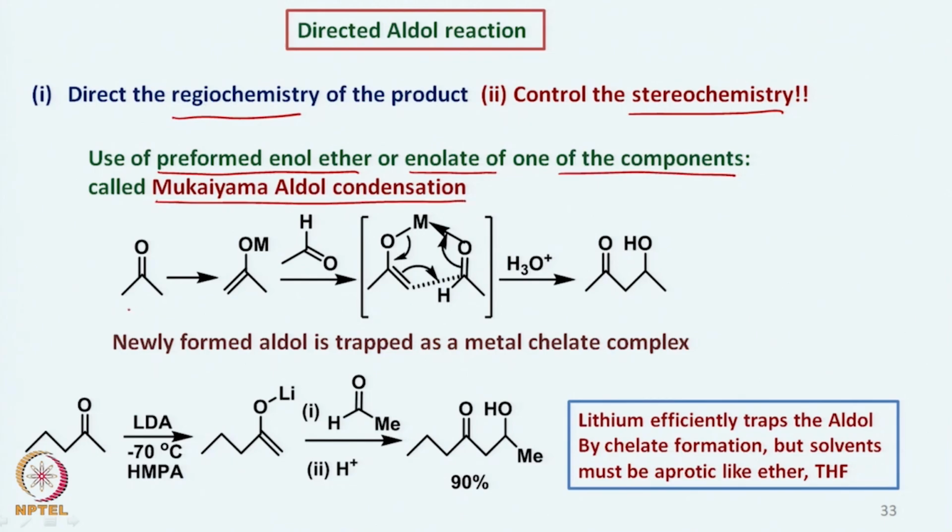So that means we start with a ketone and we can make an enolate, and then we react it with the aldehyde here, and then we can have the corresponding aldol product, where the electrophilic carbonyl group could have a chelation with the M, that is the metal attached to the enolate, and that leads to the formation of the corresponding aldol after the hydrolysis has taken place.